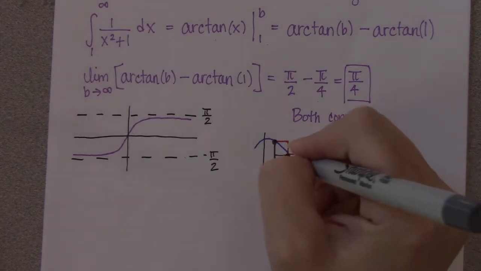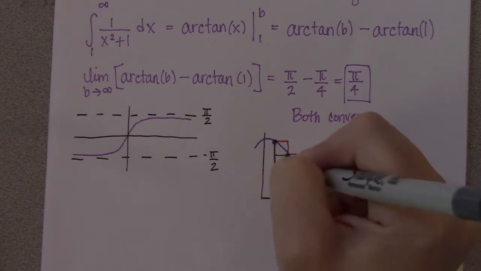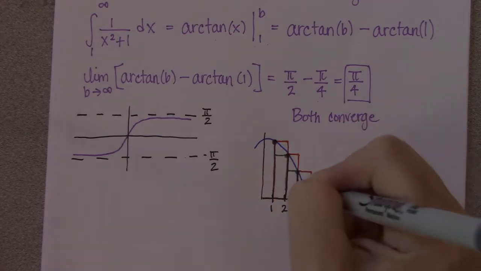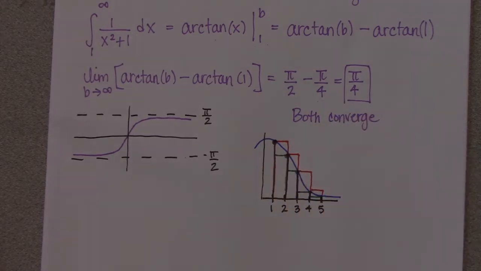If you evaluated at 2, you're getting that distance, this distance, this distance, and this distance. So if you add up those lengths, it's going to be less than the area of the rectangles that we get.